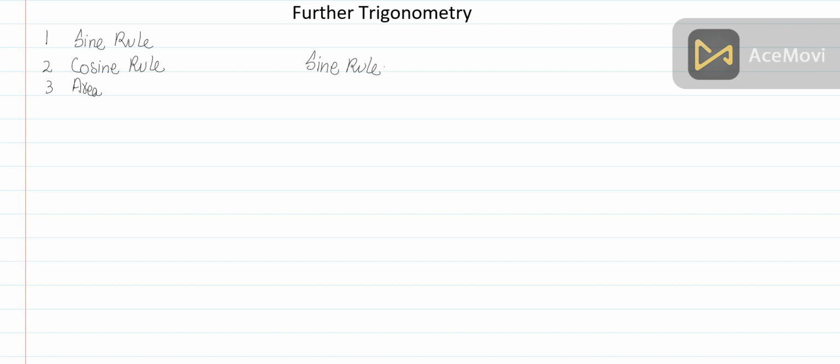Before writing the sine rule, I am giving you what we studied in our previous lecture. We discussed the three ratios, look at the screen: sine theta, cos theta, and tangent theta.